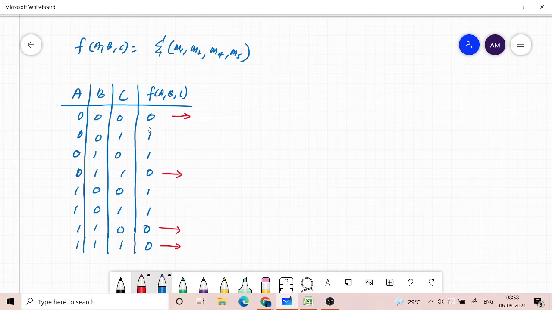So how can you first of all isolate the first case, when A equal to 0, B equal to 0, C equal to 0? All other cases I want 1, but only in this particular case I should get 0.